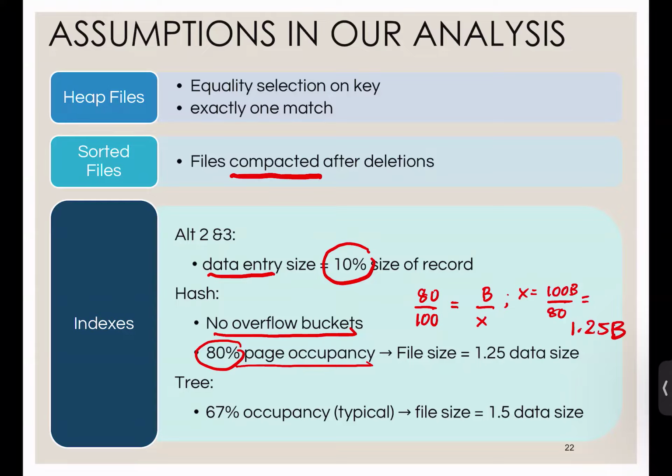Okay, so originally, if I have 10 pages to accommodate everybody, but if I only allowed 80% occupancy, I would need 1.25 B pages or 12.5 pages to put all 100 data records in there. But we cannot say 12.5 pages because we have to go with the full page, so 13 pages.